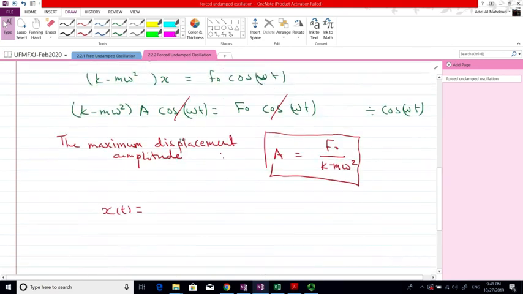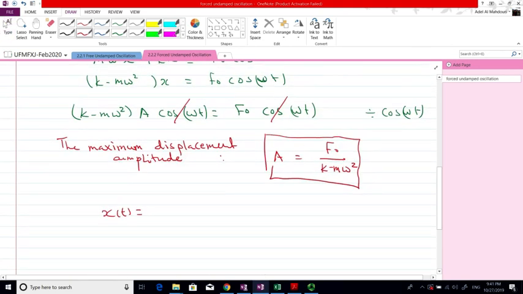The maximum amplitude, which we determined here, will be F naught over k minus m omega squared, multiplied by cosine omega t. So x of t is equal to that, and this is the solution for the equation.